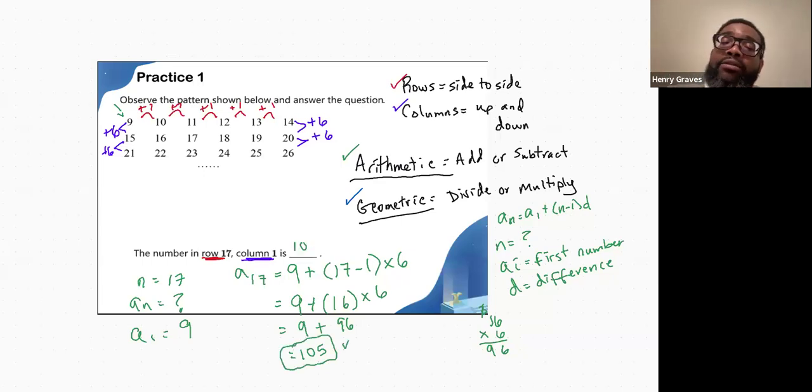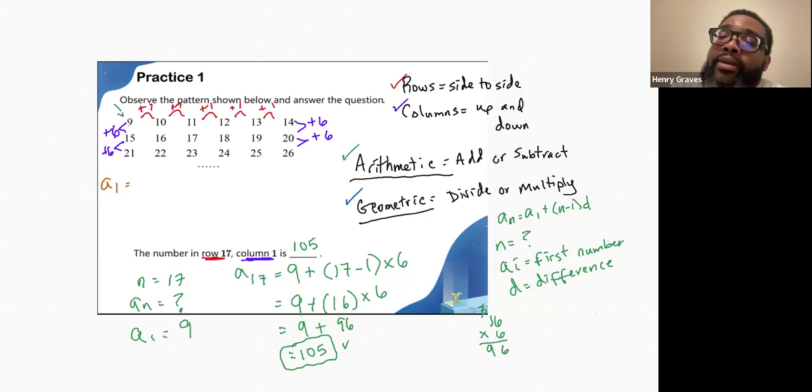Now, the cool thing about this is we can actually check our work. What if I want to find the number in the second column, the 17th row? I'm going to use a different color here. I'm going to make my A_1 be 14, the first number on this column.